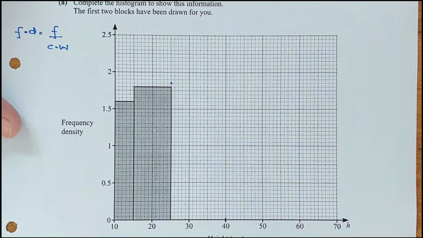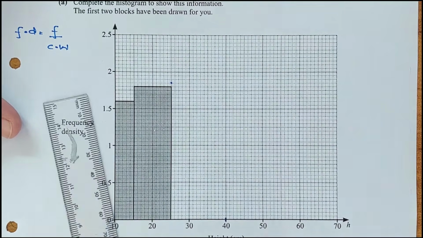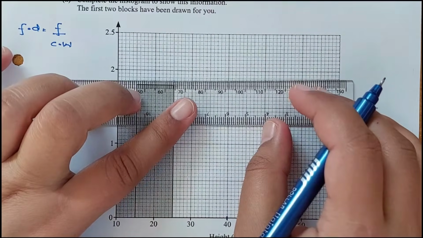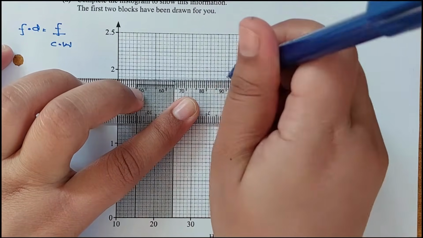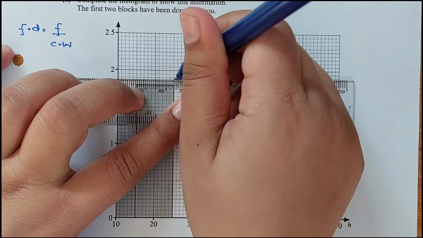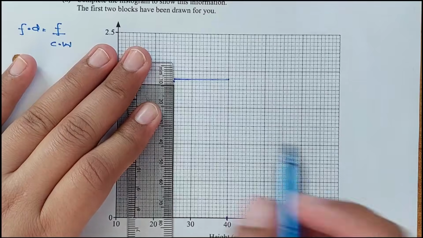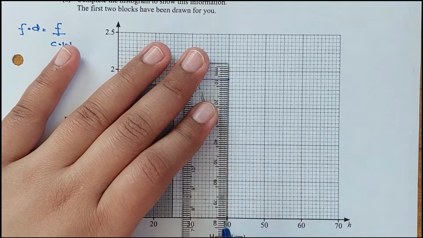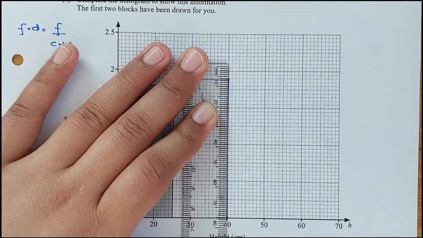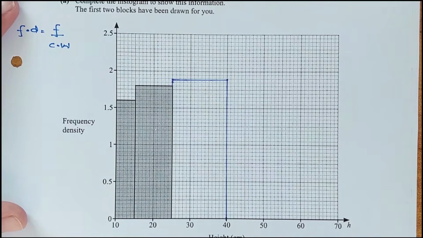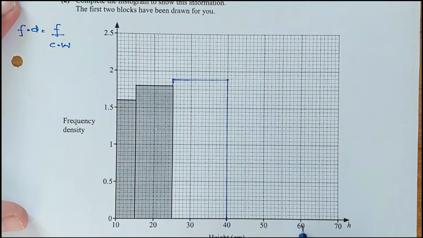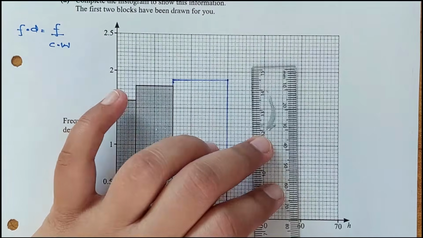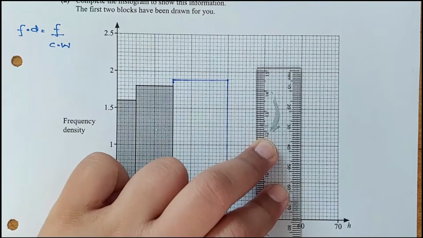Yes, let me draw this. In the middle we can take (25 to 40), right? Okay, the next is between 40 to 60, this point, 1.65. Where is 1.65?